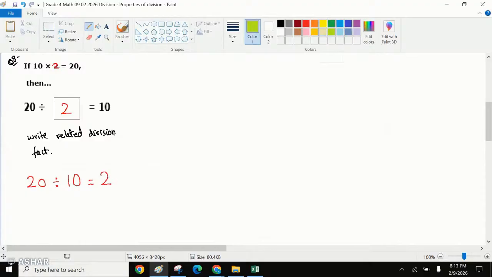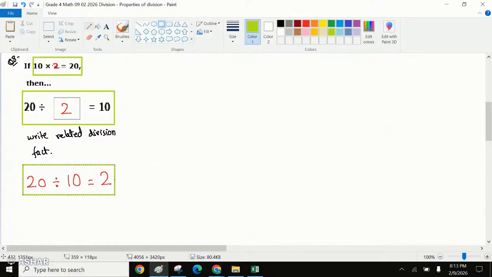Because all of these three statements are true. This is true, this is also true, and this is also true, right? So all these three statements will have the same logic behind them, because division will show what is the outcome, multiplication would show us what is the product.